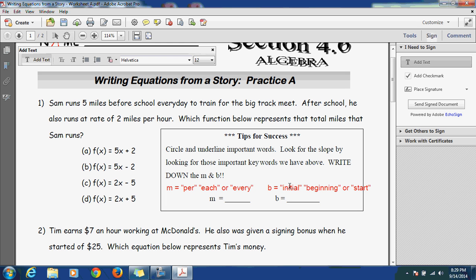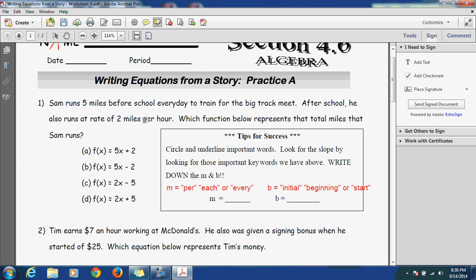So looking at this example, Sam runs 5 miles before school every day to train for the big track meet. After school, he also runs at a rate of 2 miles per hour. Which function below represents the total miles that Sam runs? I can see right here is something that gives me a clue as to what I'm looking for.